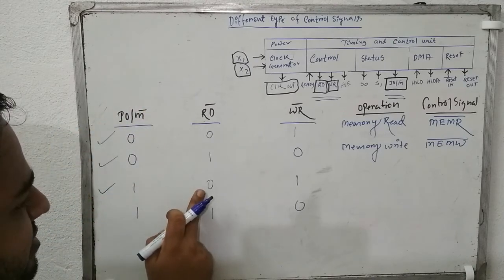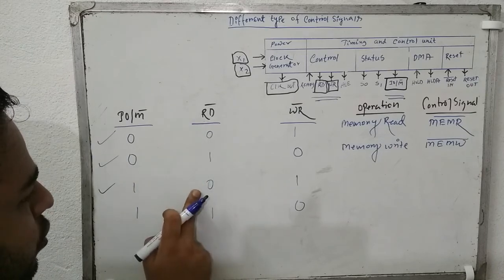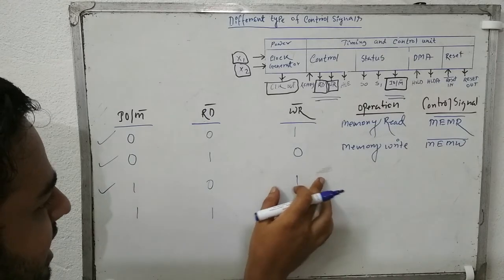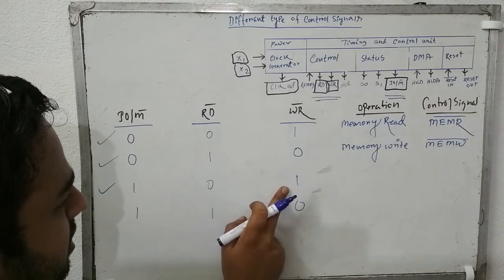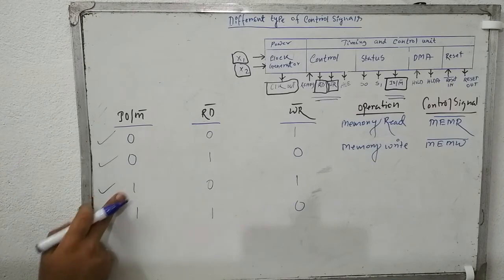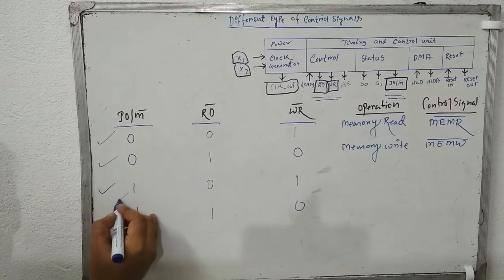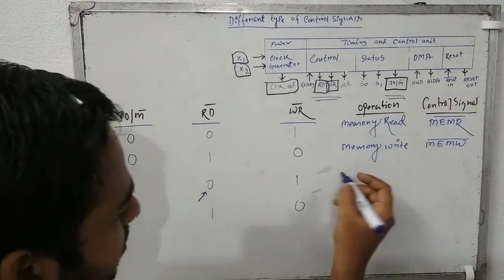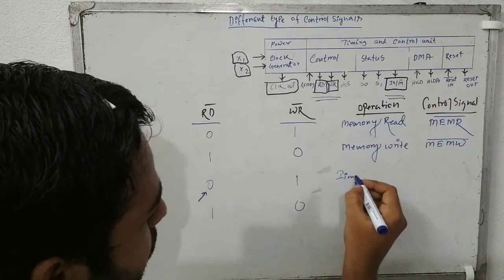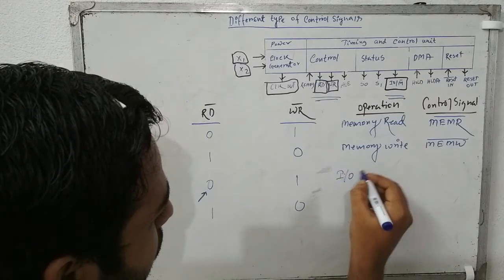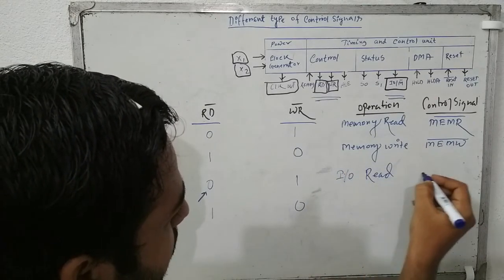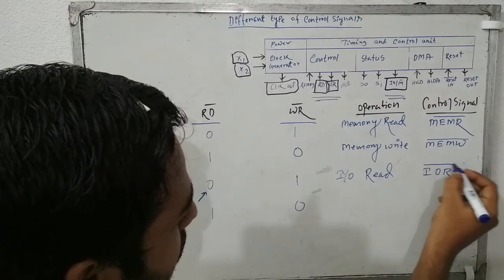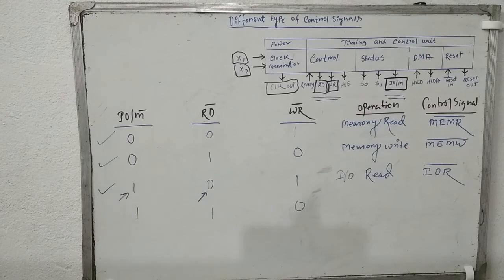And here you will see it is 0, that means the read signal has got the low value, so it will be a read related operation, and write will be deactivated because it has got the high value. So input output read operation, IO read, will be performed here.